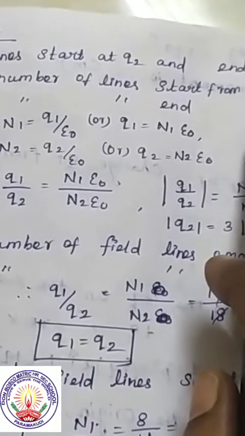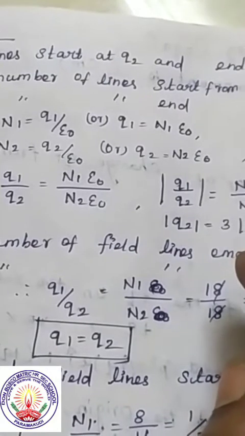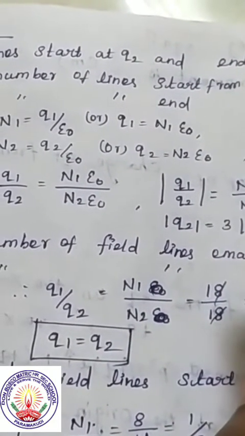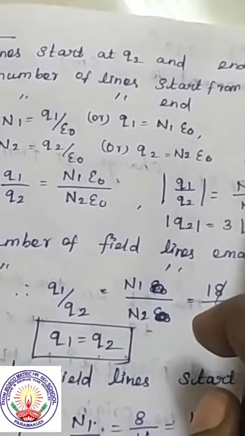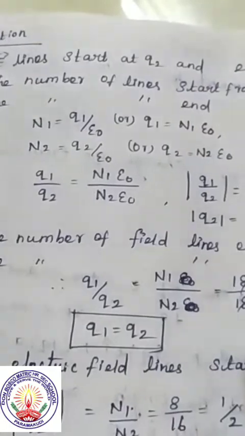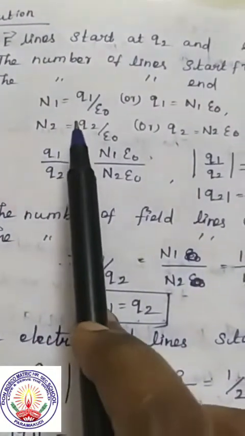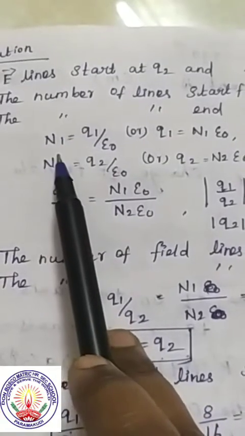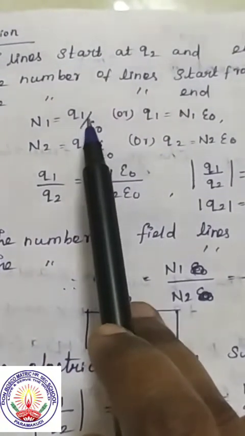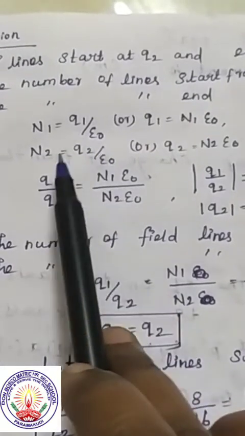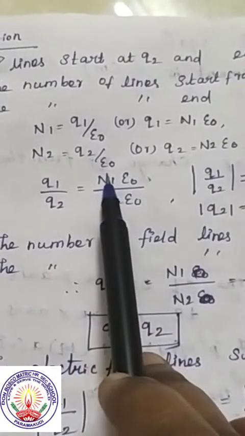So for Q2 charge, N2 means the number of the lines is 18. Then for Q1 charge, the number of the lines is 6. So we have to calculate N1, N2. So if you calculate N1, what is the formula? Q1 by epsilon naught, and N2 is equal to Q2 by epsilon naught.